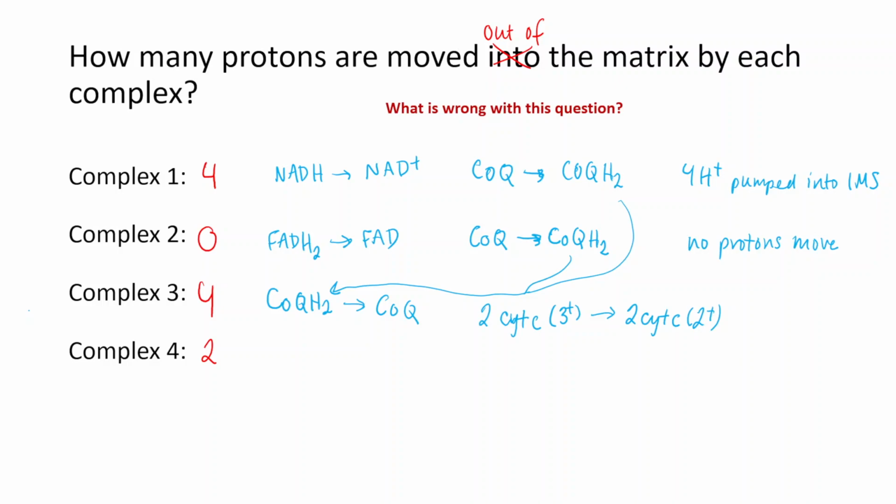All right, and then cytochrome C is now the reduced form. It's going to travel over to complex 4. And what is going to happen to those cytochrome Cs? What are they going to do with their electrons? Yeah, exactly.